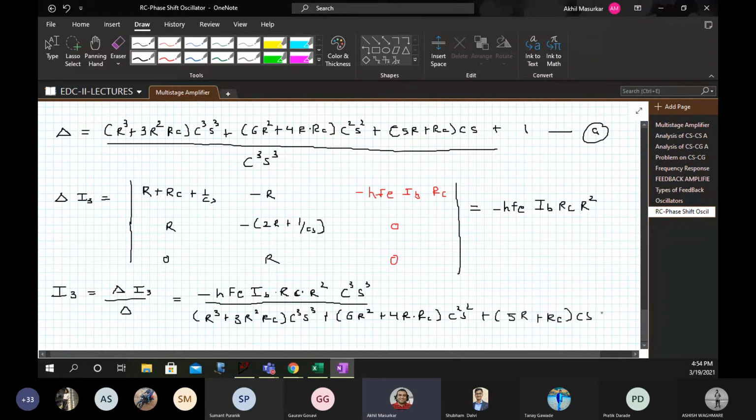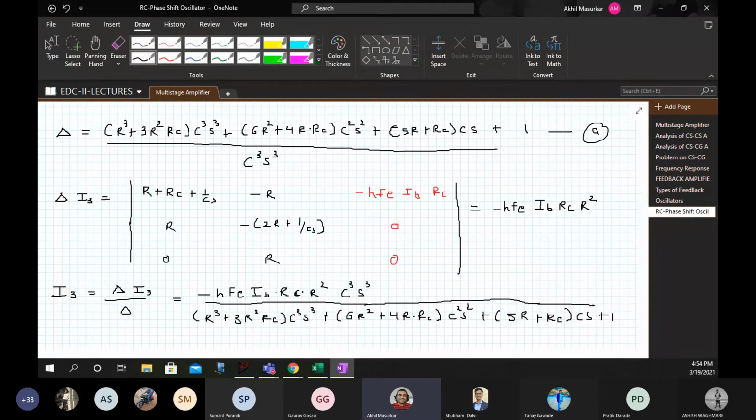Of course, plus 1. Don't miss that. So this is actually the value of I3. If we substitute all R, HFE, IB, everything in this, we will get the value of I3.